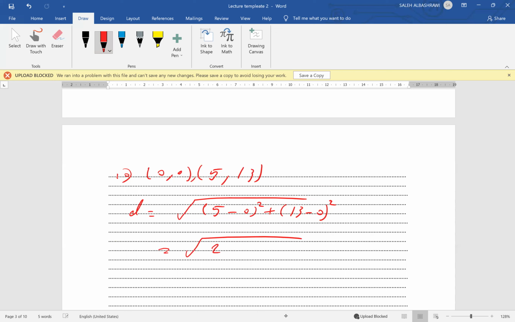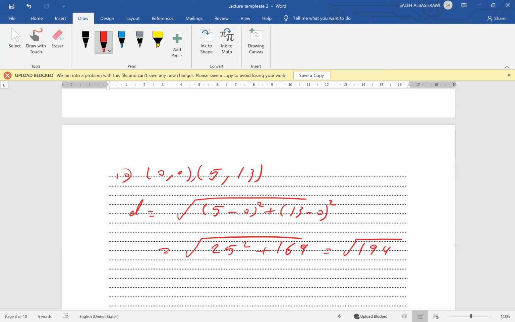That will be 25 plus 13 square is 169. So this is 194. So the distance between these 2 points, 0, 0, 5, 13 is equal to square root of 194.